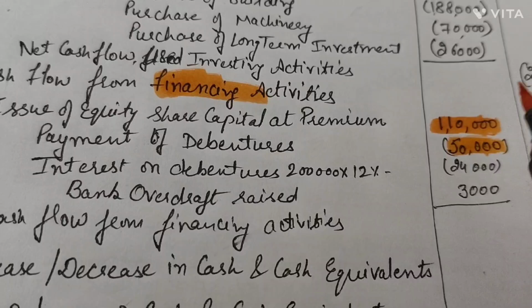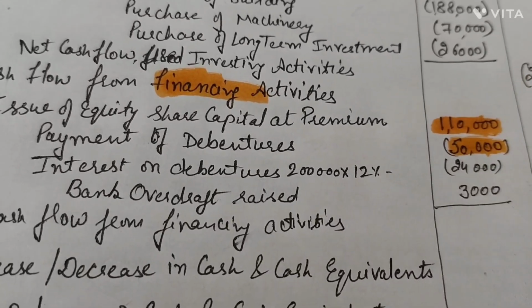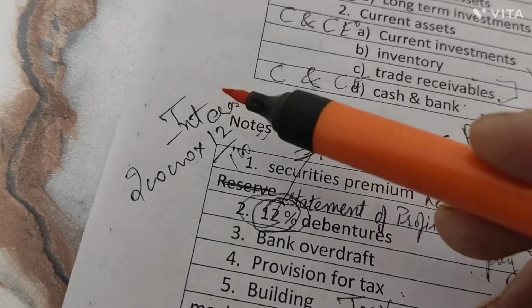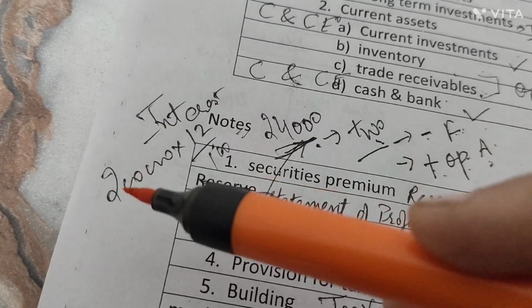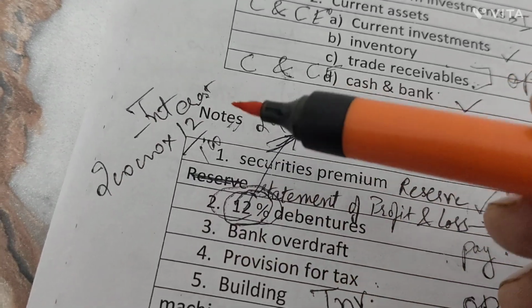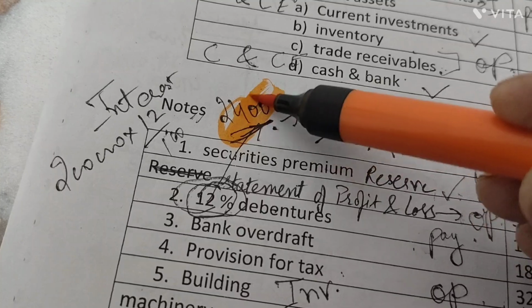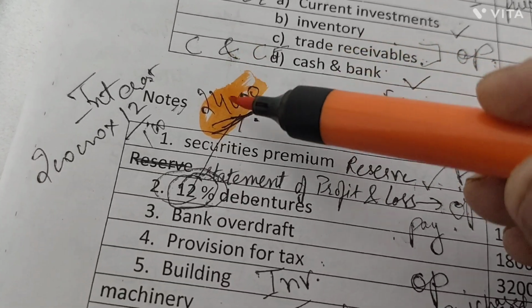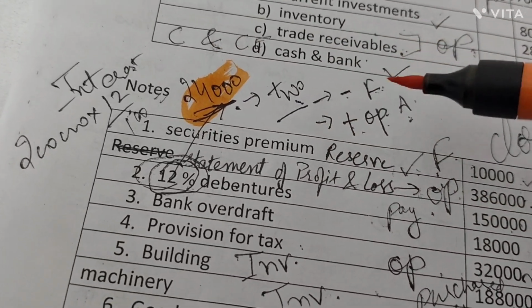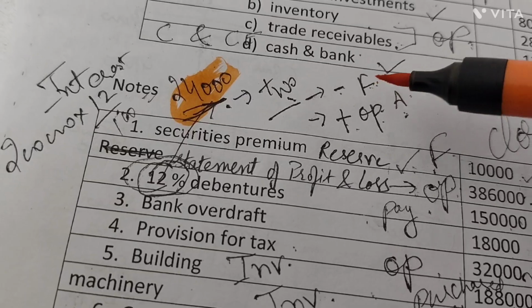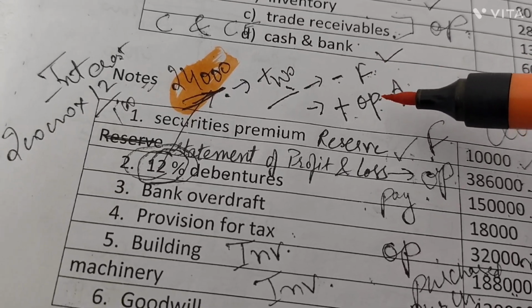But there was one more point relating to the debentures which we did. That was about interest on debenture. Opening balance of debenture with 12% gave us a value of 24,000 for your interest on debentures. Now this 24,000 would be deducted from financing and added to operating activities.